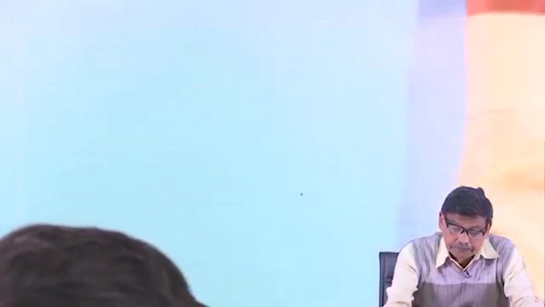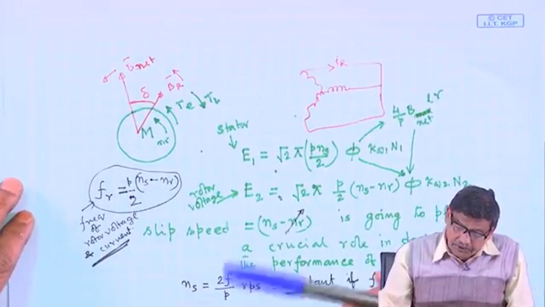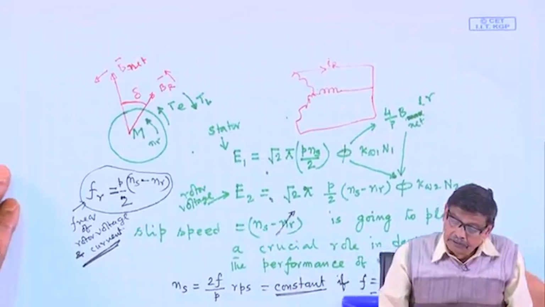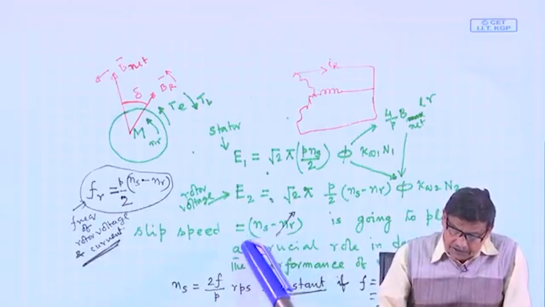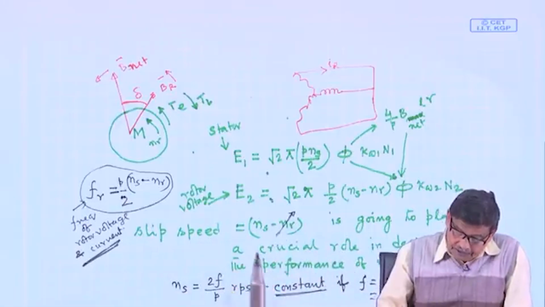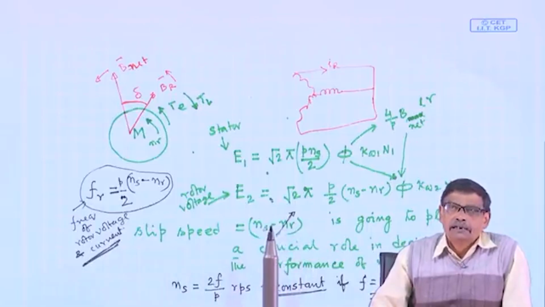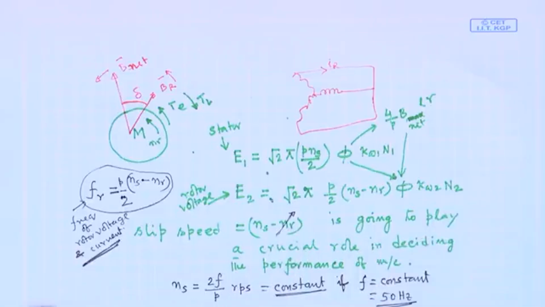Okay. Now, coming to the discussion we were having, we were doing this slide last time, and I told you this is the induced voltage per phase, and I was telling a very important point. It is the difference of the speed of the stator field, or the net field, and the rotor speed. This difference will decide the magnitude of the voltage, hence the current in the rotor circuit.